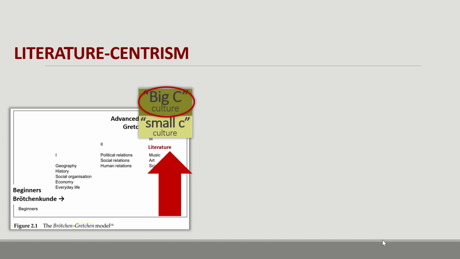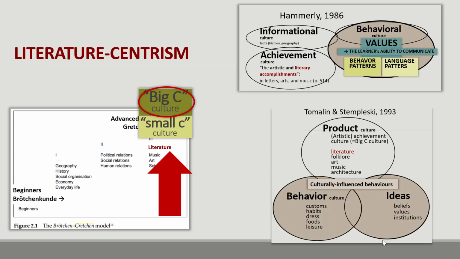Some echoes of the literature centrism can be found in the typologies which try to switch focus from the object toward the subject-oriented dimensions of culture. For example, Hammerly's model distinguishes three aspects of culture: information culture, achievement culture, and behavioral culture.